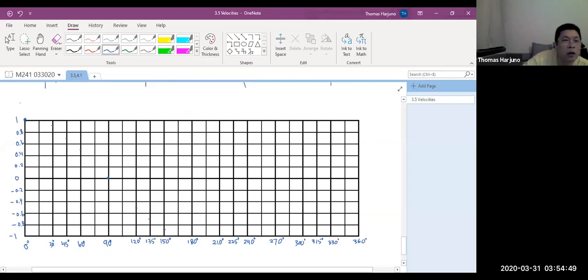So if I connect the dots here, it will be approximately something like this.